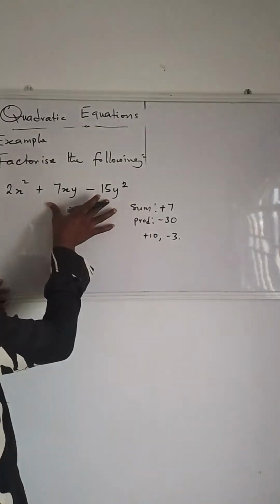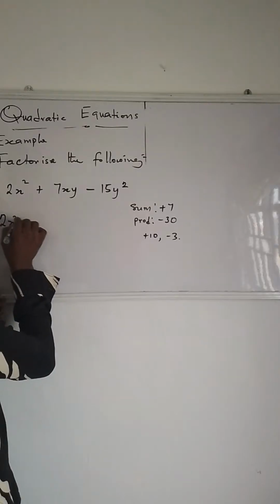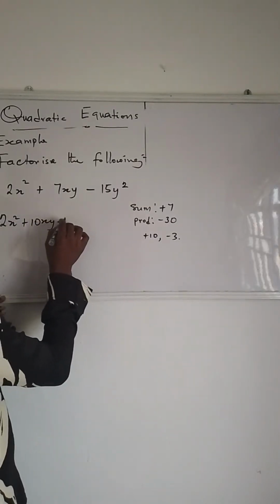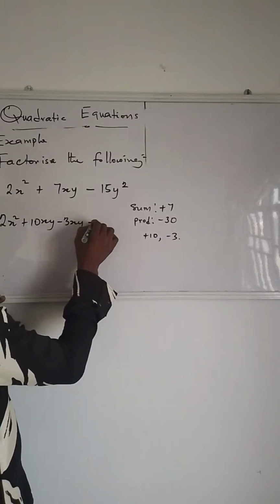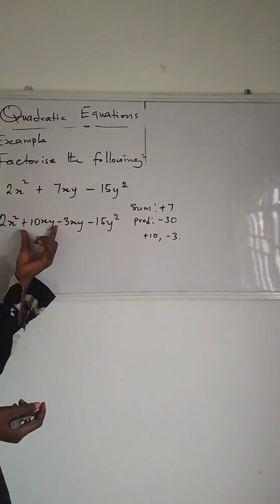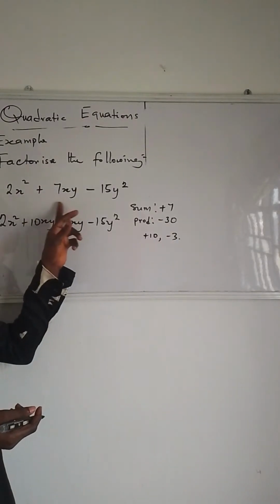So let's incorporate that here. We have this turning to 2x squared plus 10xy minus 3xy minus 15y squared. You will see once you say 10xy minus 3xy, you're going to have 7xy.